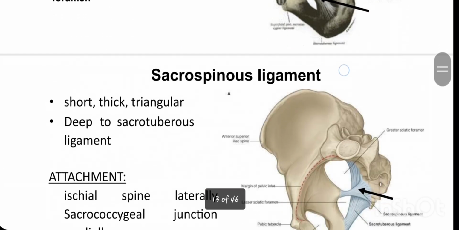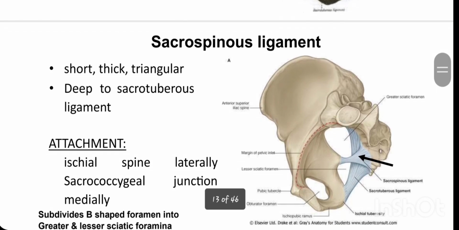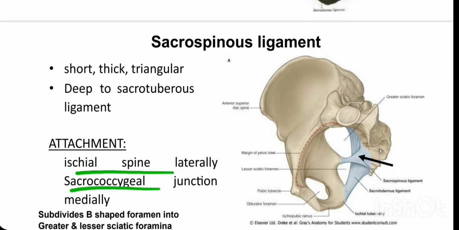Coming to the sacrospinous ligament, here the attachment is from the ischial spine to the sacrococcygeal junction. Spine in the sense of ischial spine, sacrum in the sense of the sacrococcygeal junction.